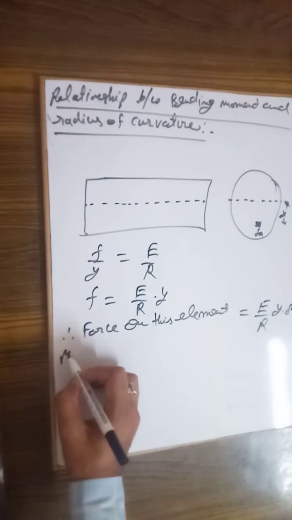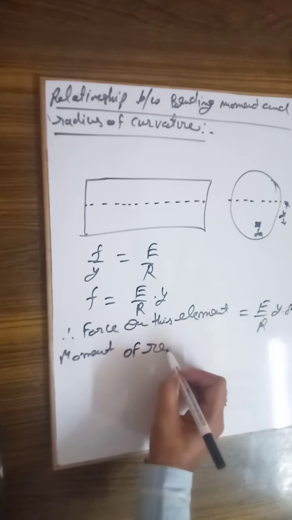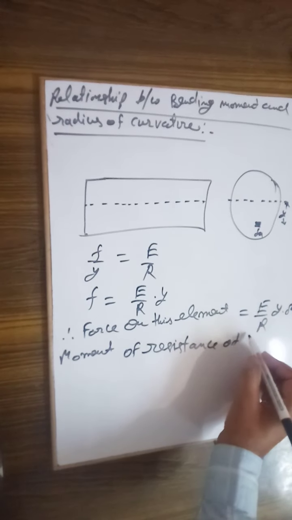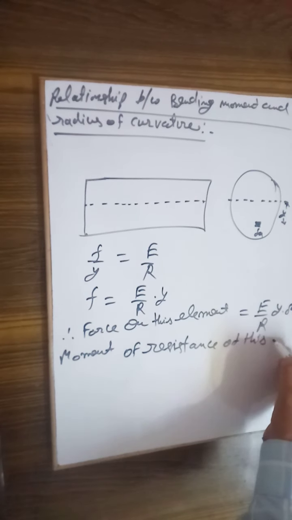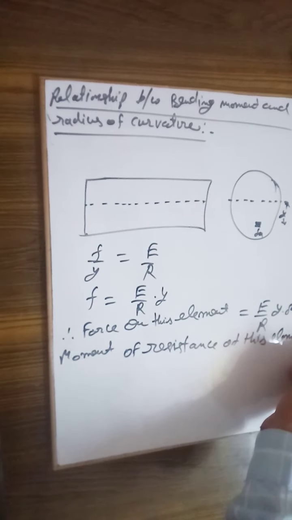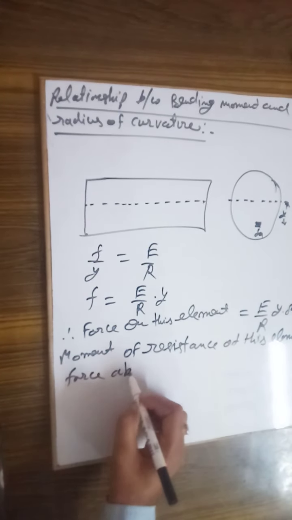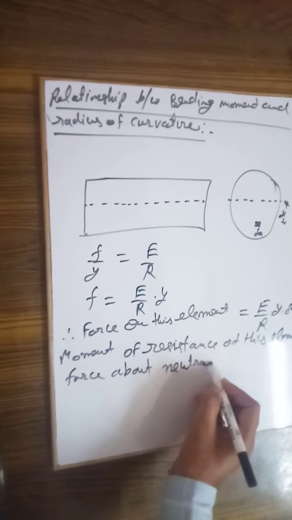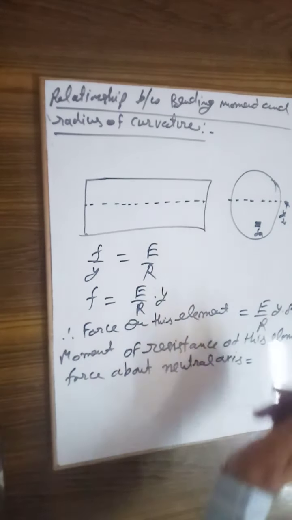So the moment of resistance of this elemental force about the neutral axis is equal to this part multiplied by y.